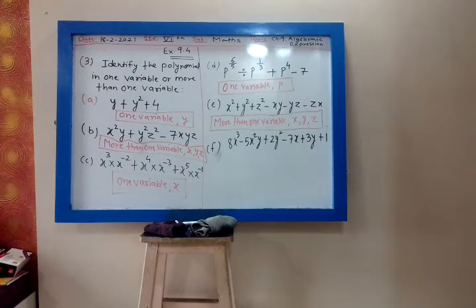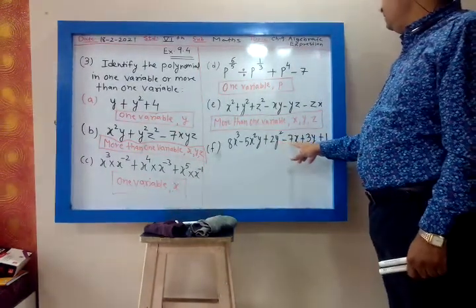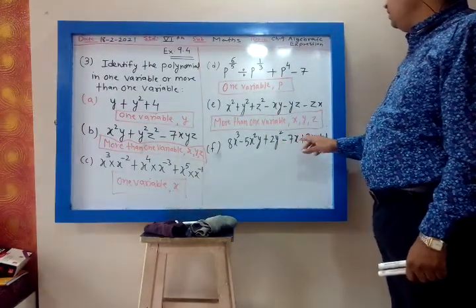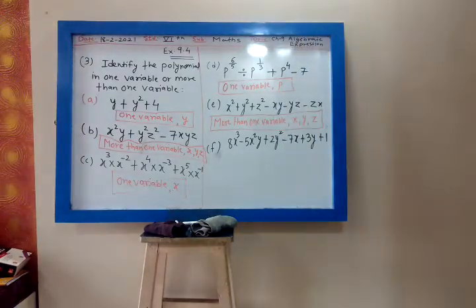Next, 8x cube minus 5x square y plus 2y square minus 7x plus 3y plus 1. How many variables? 2 variables. What are the 2 variables? X and y.